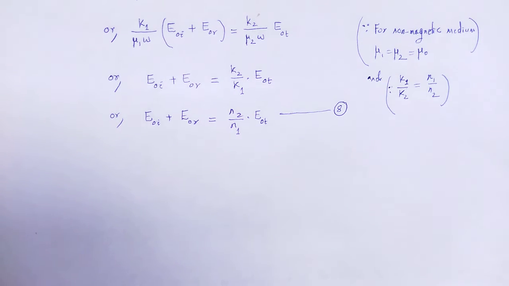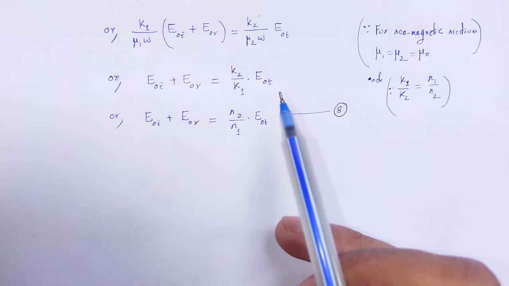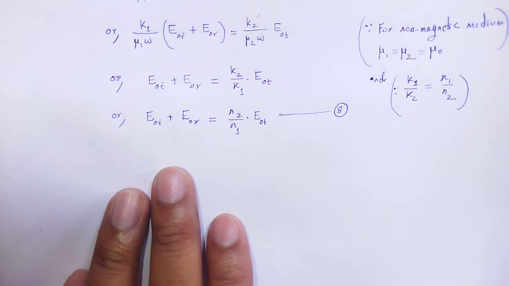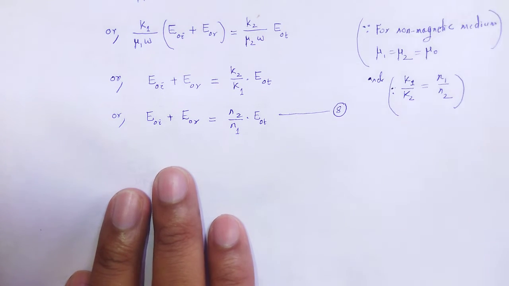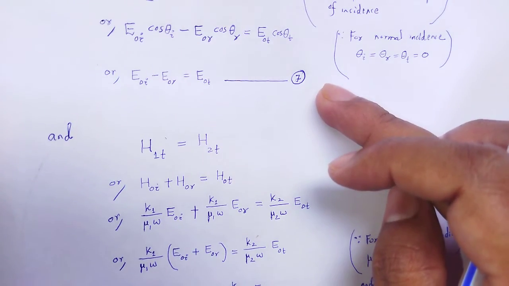To showcase the reflectance and transmittance, or reflection coefficient and transmission coefficient, we require E0I, E0R and E0T. Therefore, first we add equation number 8 to equation number 7.